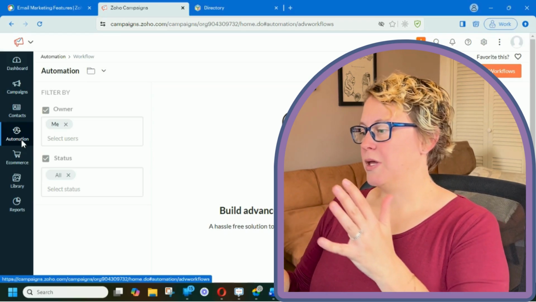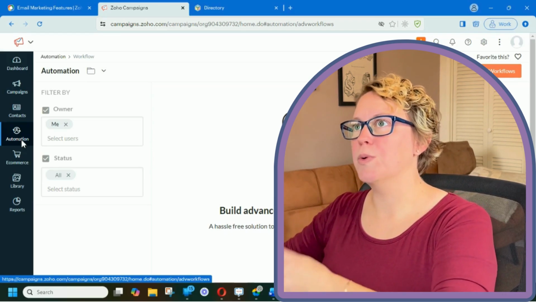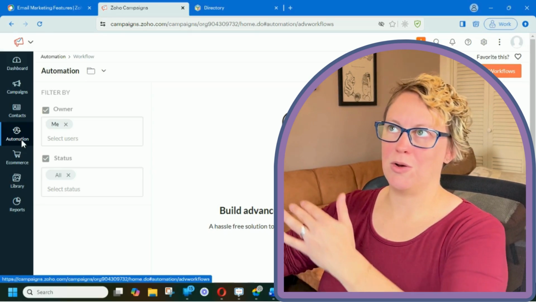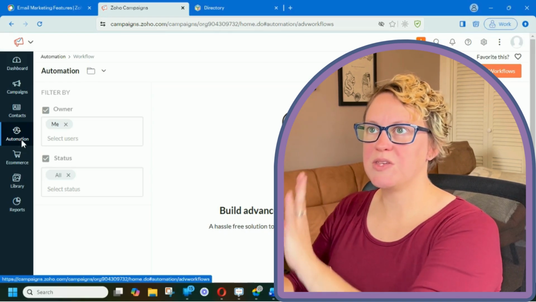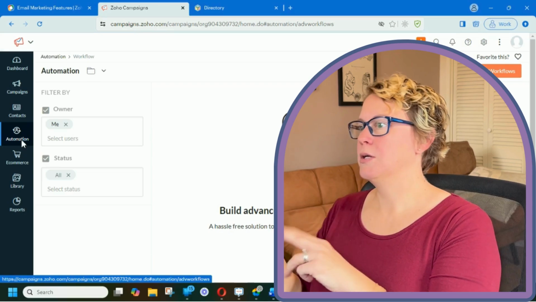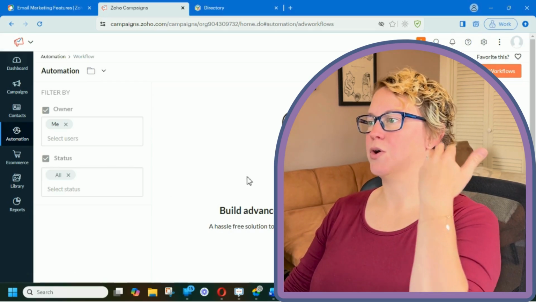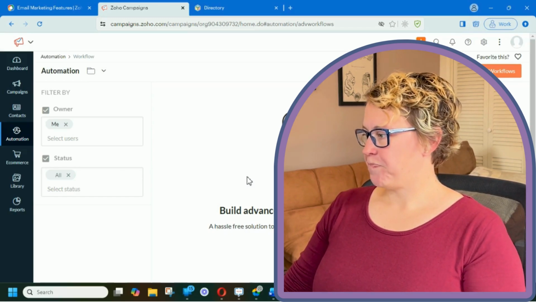So for example, if the previous email in the automation was opened, then a task can be created for a specific user to follow up, or if it bounced, then you can set it so that something else happens. Some call it a journey, or a lot of people call these drips or anything like that, but Zoho Campaigns calls these automations or workflows.